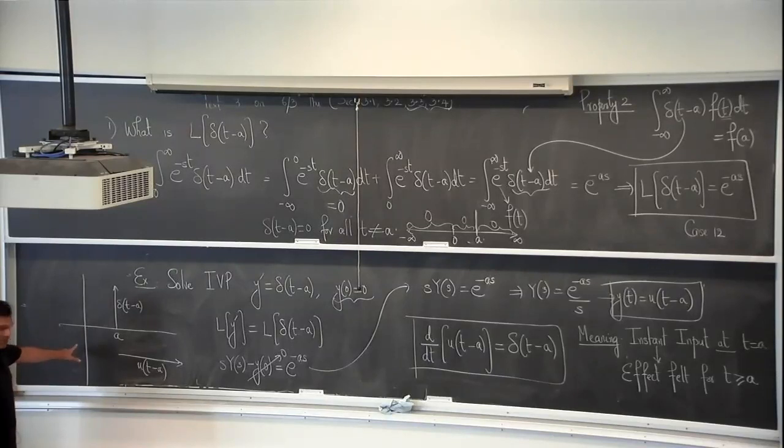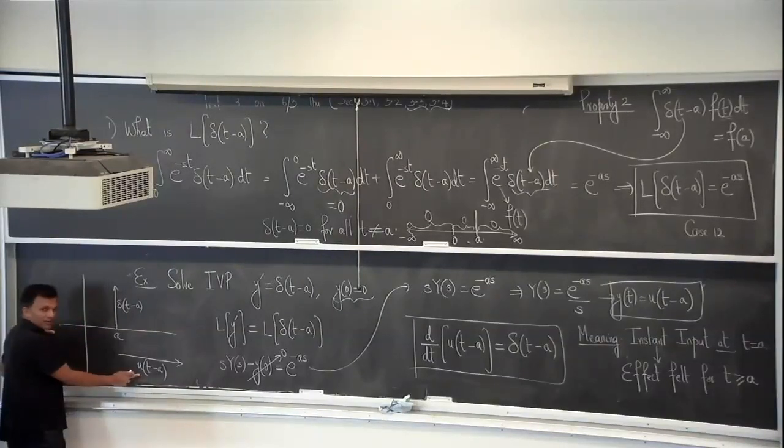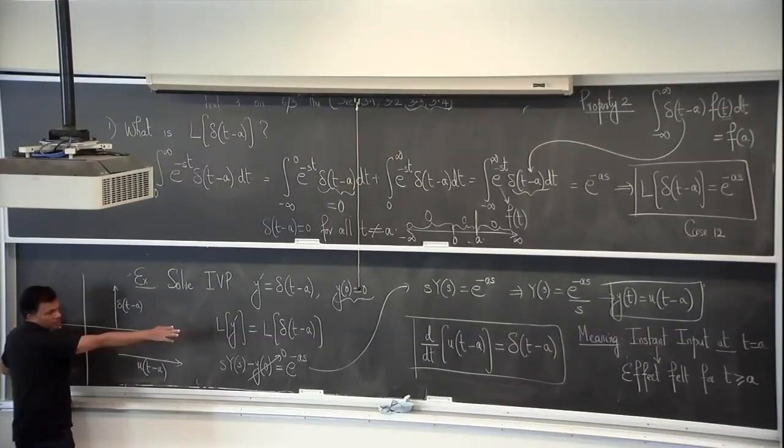So why am I saying this? Because when you do a problem, you should never have delta in your answer, ever. All your input is going to be in the form of delta, output is in the form of u.